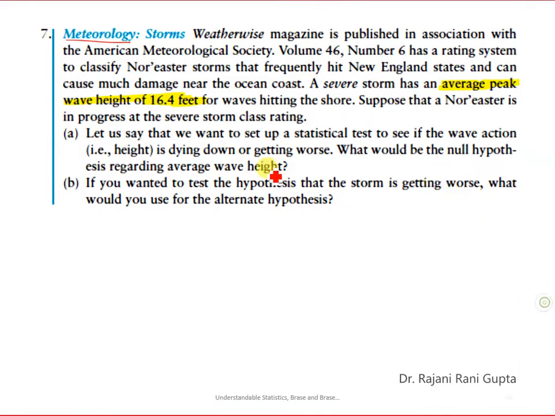Okay, then part A. Let us say that we want to set up a statistical test to see if the wave action is dying down or getting worse. What would be the null hypothesis for this? So we would like to know what the average height of the waves will be.